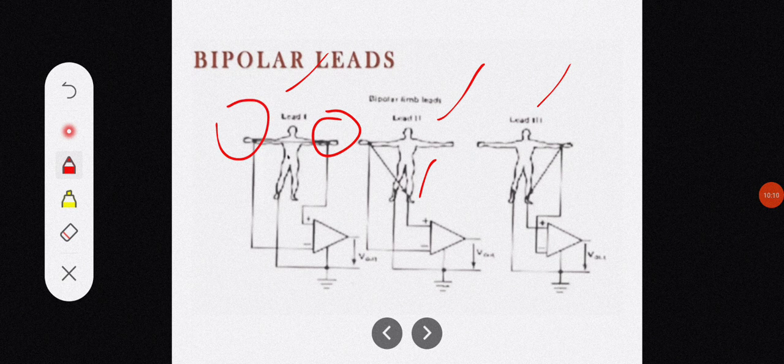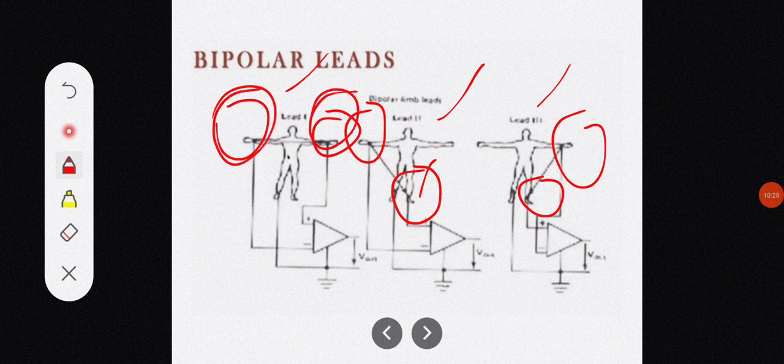Lead 2 is between the left leg and the right arm, and lead 3 is between the left leg and the left arm. These three leads are called bipolar because for each lead the electrocardiogram is recorded from 2 electrodes.